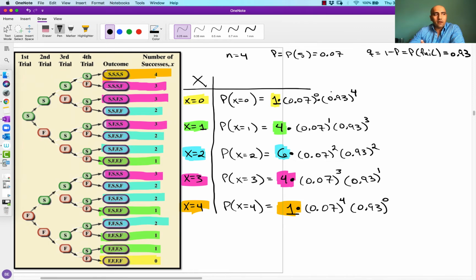Knowing that they're binomial situations, either you had a success or a failure. So if you had 0 successes, then you must have 4 failures. Okay, so here is our table. We can use our calculator now and convert this into decimal values.